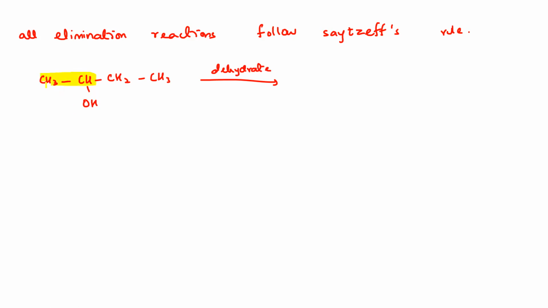It can be formed here and it can also be formed here. So which one would be correct? The correct one is that hydrogen is removed from that carbon which already contains fewer hydrogen atoms. So the major product would be something like this.